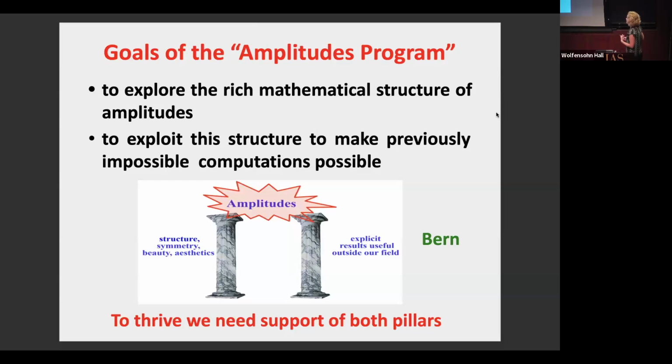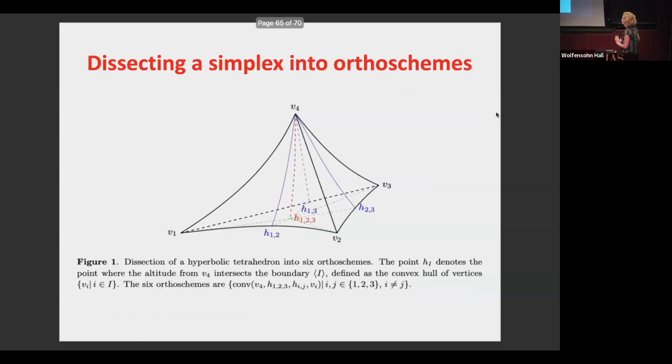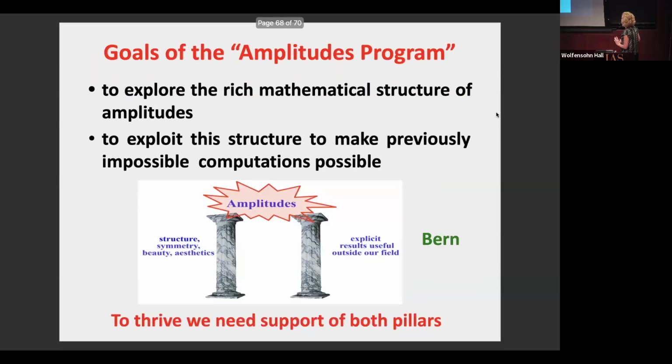And in order to make progress, the whole field, I like this picture by Zvi Bern, is supported on 2 pillars. In order to make progress, we need to have support on both pillars. On one hand, you have the structure, mathematics, symmetry, beauty of those amplitudes.